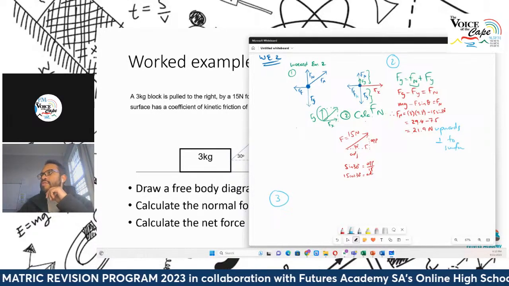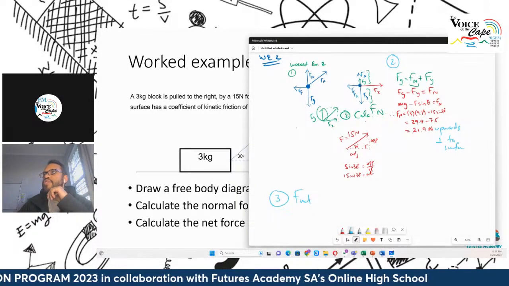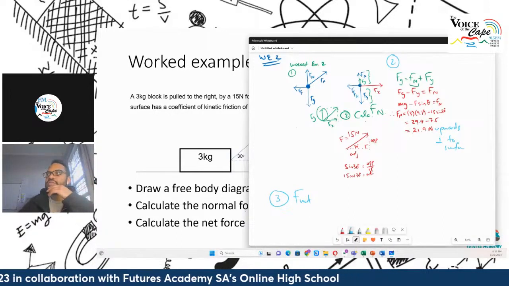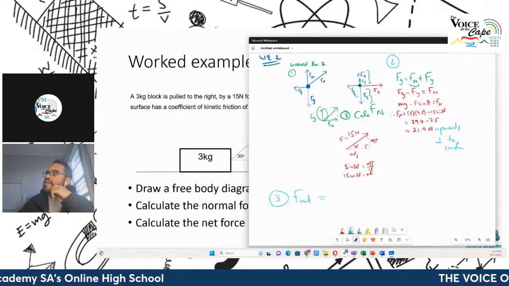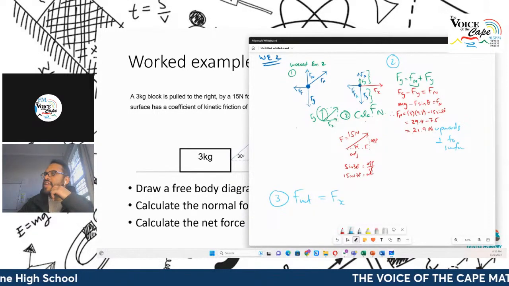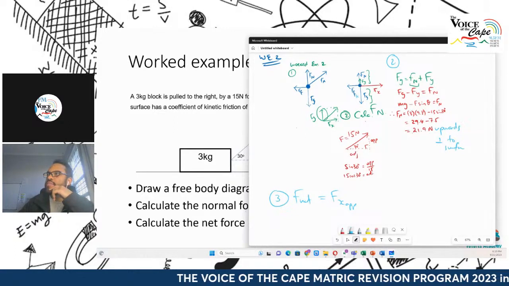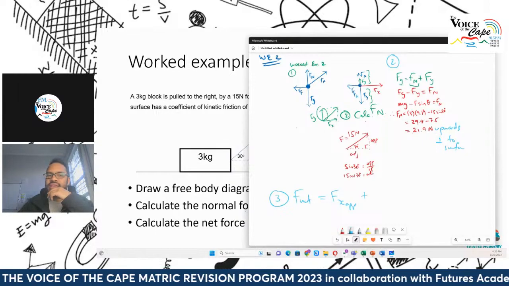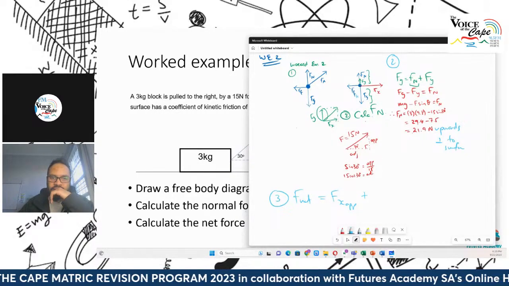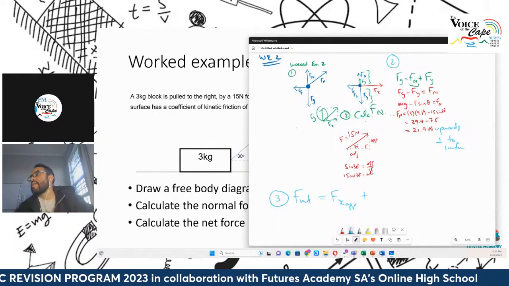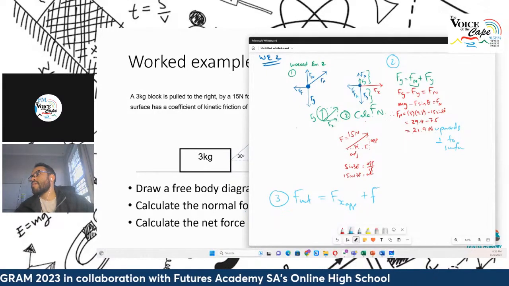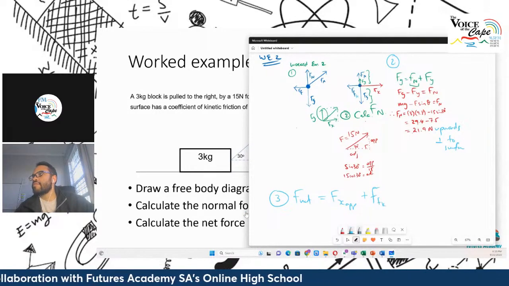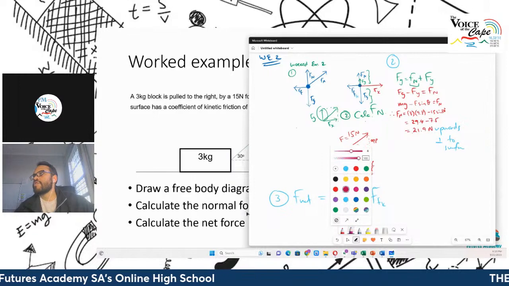So the net force, because this object is only being displaced horizontally, is going to equal the applied force, Fx, that particular component of the applied force, plus Fk, or fk, whatever you've decided to label your frictional force.